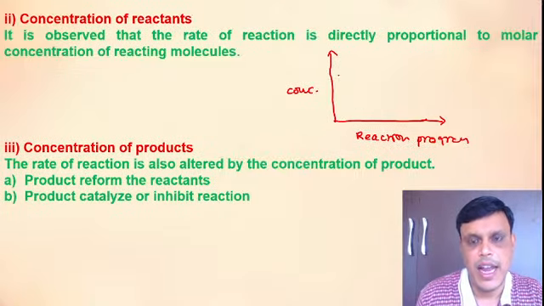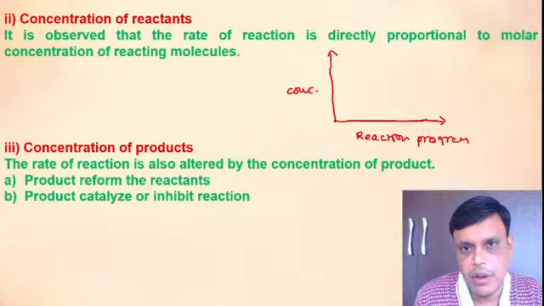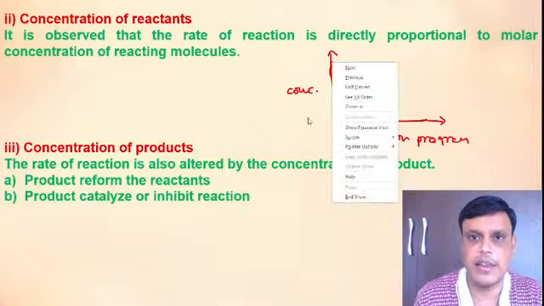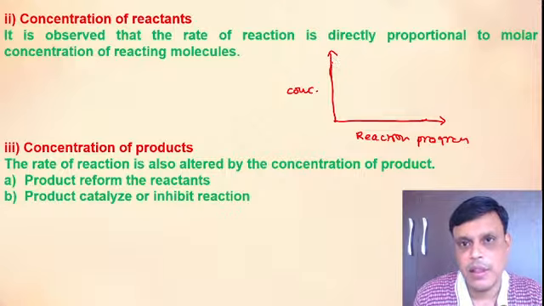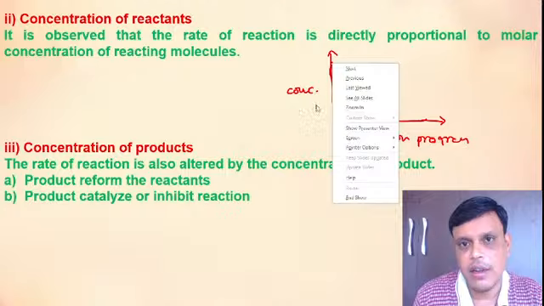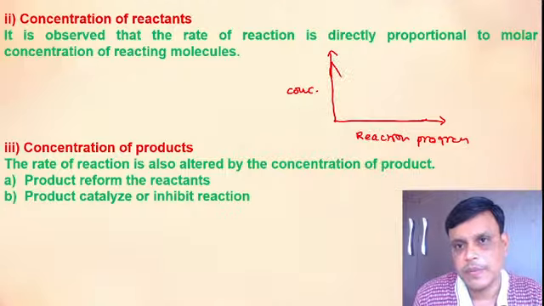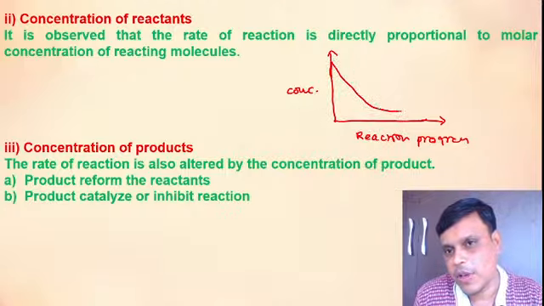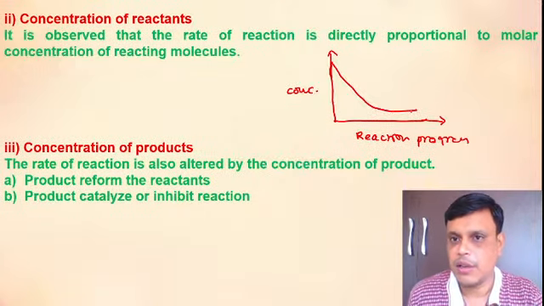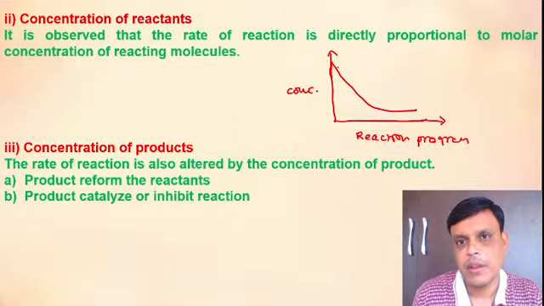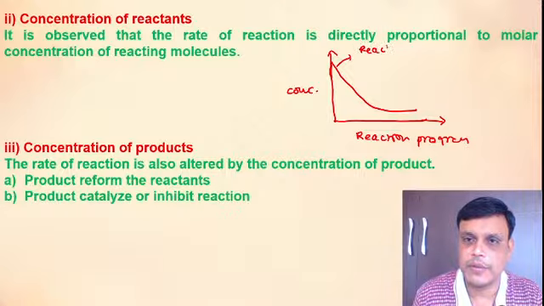Initially we will write here for reactant. Initially there is 100% reactant. क्या है? We have 100% reactant, and as the reaction goes on, what happens? The concentration of reactant goes on decreasing, and at one point it remains constant. Okay. So this is in case of reactants.